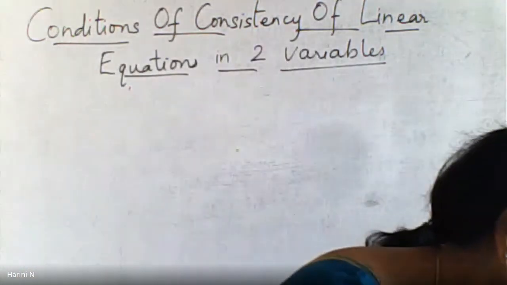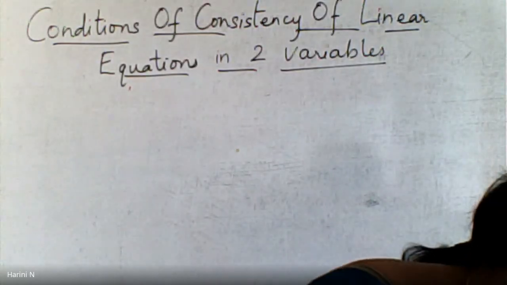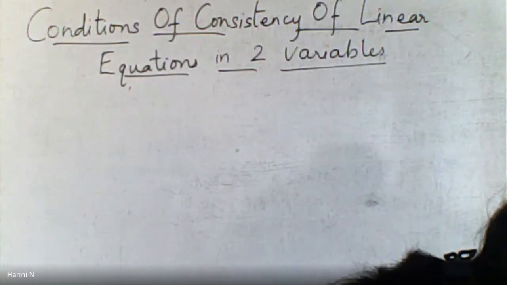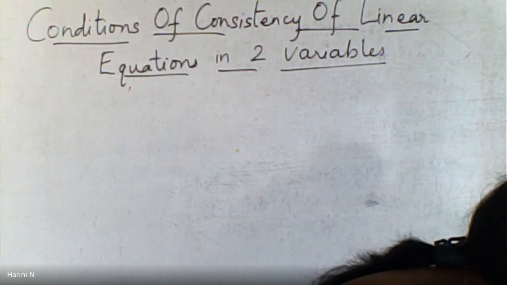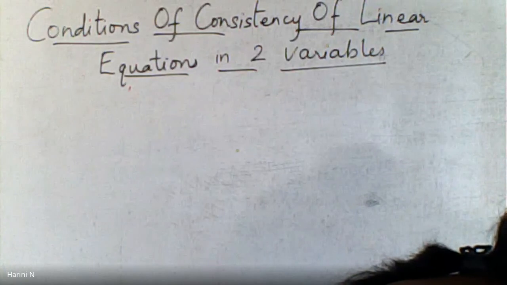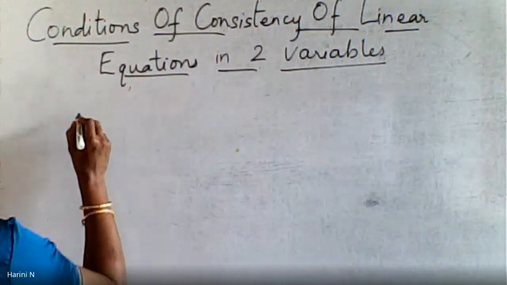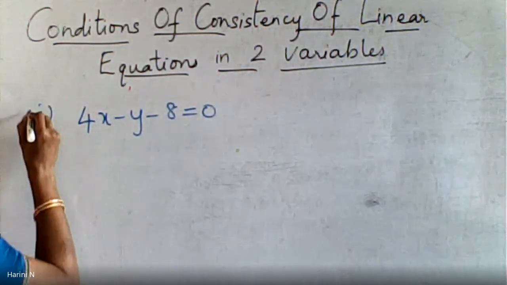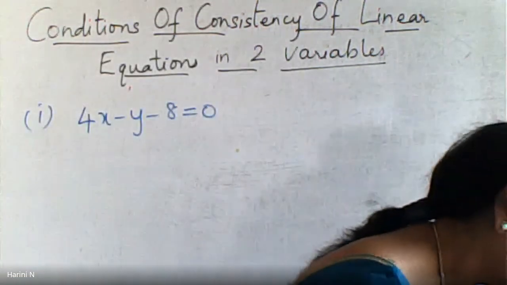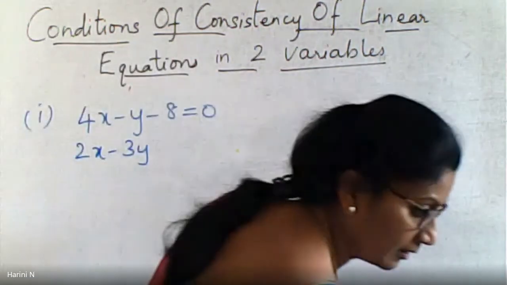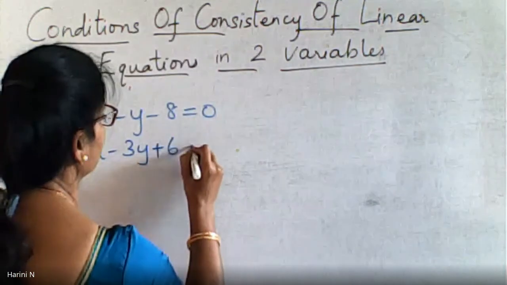So first set of equations. 3x minus 2y, 4x minus y minus 8 equals 0. This is the first step. 4x minus y minus 8 equals 0. And 2x minus 3y plus x equals 0. This is the first step.